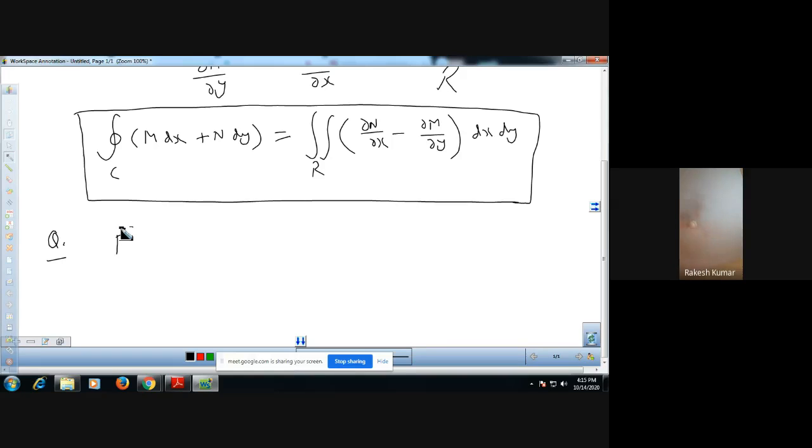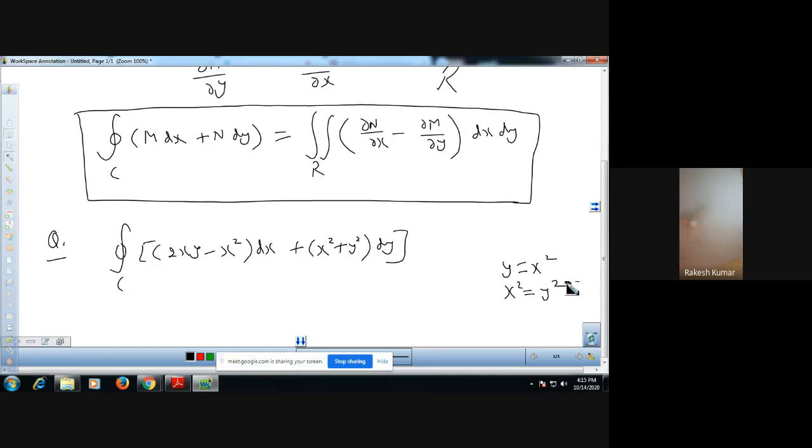The statement is straightaway not a function, it is the integral given to us. Verify Green's theorem in the plane over C of (2xy minus x square) dx plus (x square plus y square) dy, where C is the boundary of the region enclosed by y equal to x square and x equal to y square.